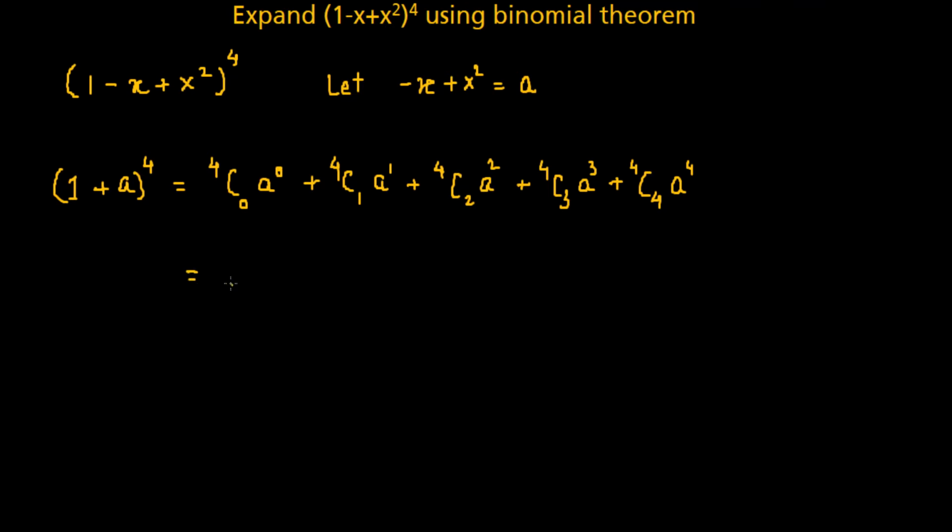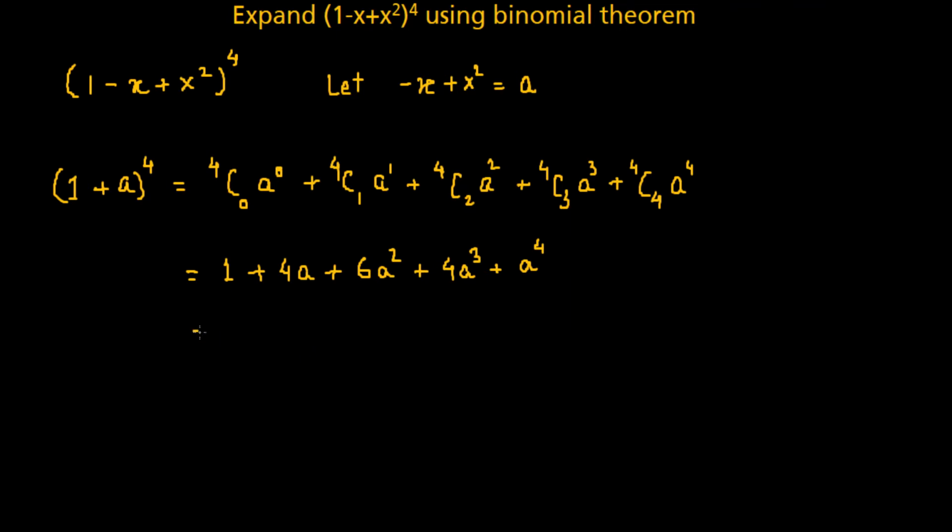Then 4c0 is 1, a raised to the power 0, the first term is 1. 4c1 is 4, this is 4a. 4c2, let me quickly find out the value of 4c2. 4c2 is 6, 6a squared. Then 4c3 is 4, 4a cubed plus 4c4 is 1, a raised to the power of 4.